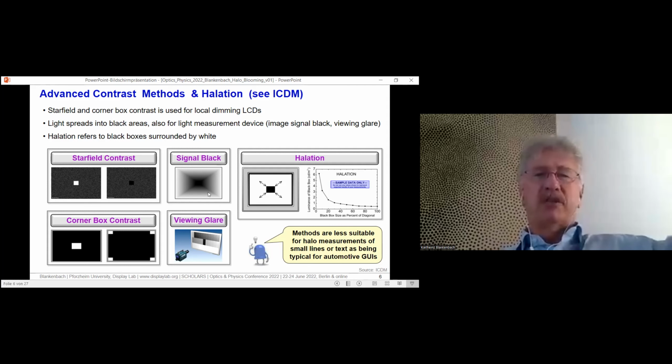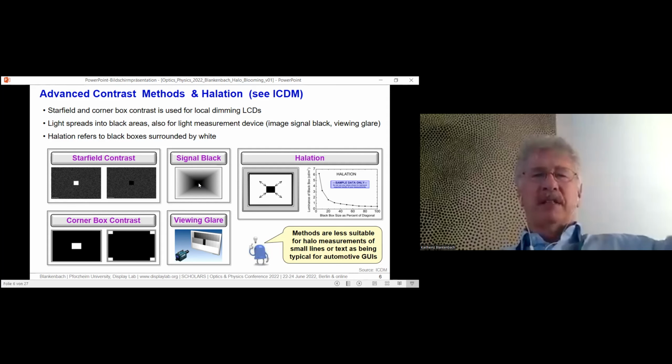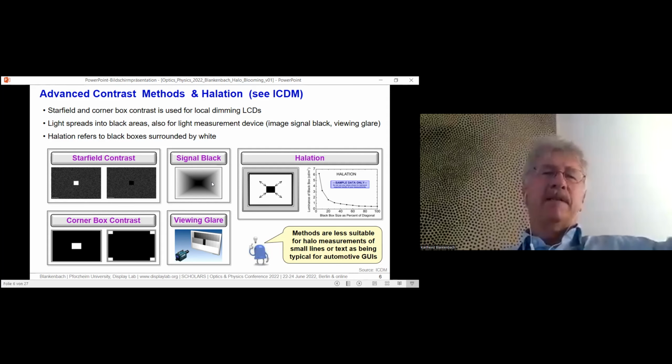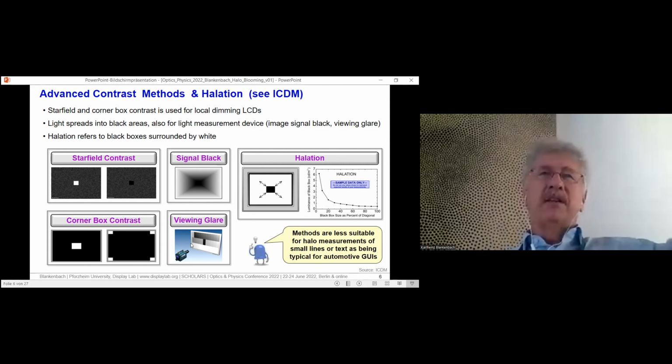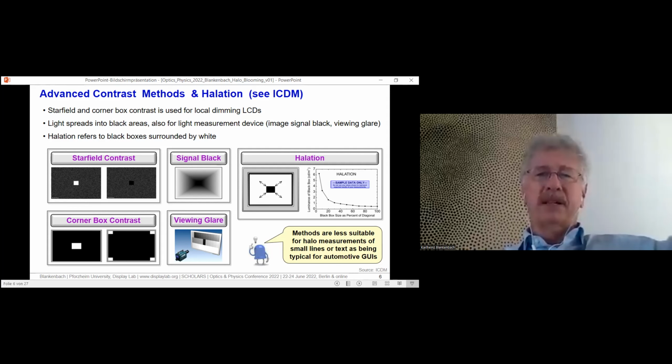This is surrounded by a bright area, and now you measure the luminance of the spot, and you might notice that this black luminance is higher compared to the case that the full screen shows black. You can capture as well the influence of veiling glare of your imaging instrument with optics, with lenses, and vision suffers as well from so-called veiling glare.